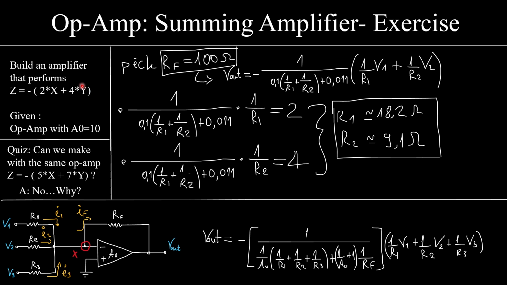So there's a limit to how much we can scale this, depending on the A0 of the op-amp. But why can we not do something like this? It turns out that when this plus this is more than or equal to this, the operation is impossible.